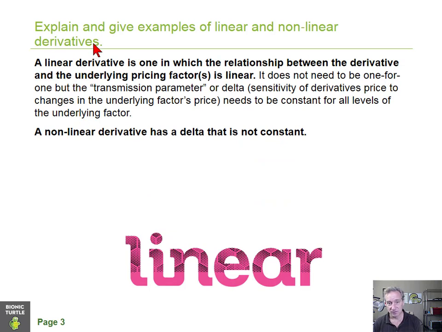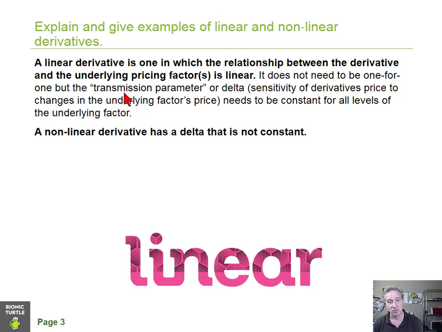The first learning objective is to explain and give examples of linear and nonlinear derivatives. This is a key frame in the chapter, this idea of linear derivative versus nonlinear derivative. A linear derivative is one in which the relationship between the derivative and the underlying pricing factor is linear.